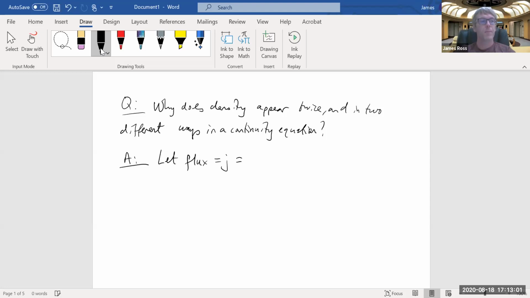And let's say this specific one, rather than energy, which I called Q on the other page, let's call it J, and it's going to be a regular mass flux. So it's mass per unit volume times velocity. So we can cut that out and say it's mass per unit area per unit time.